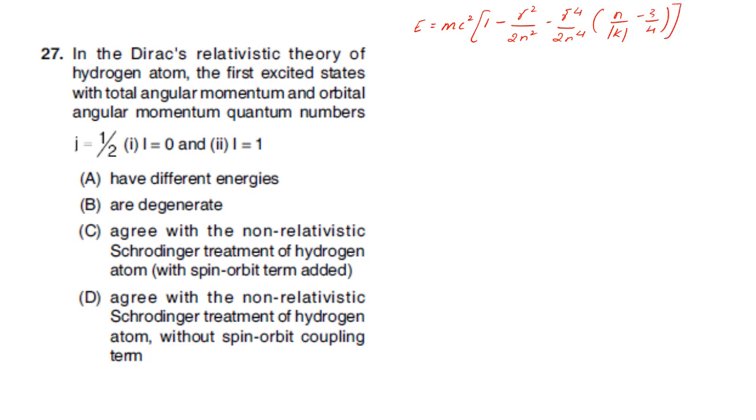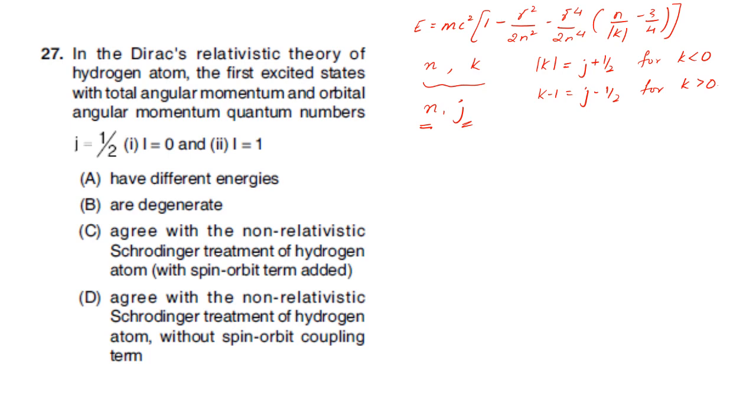Here energy is dependent on both the principal quantum number n as well as this k. The k value is k is equal to j plus half for k less than 0 and k minus 1 is equal to j minus half for k greater than 0. K is dependent on j. That means the energy is dependent on both n and j, the principal quantum number n as well as total angular momentum quantum number j.